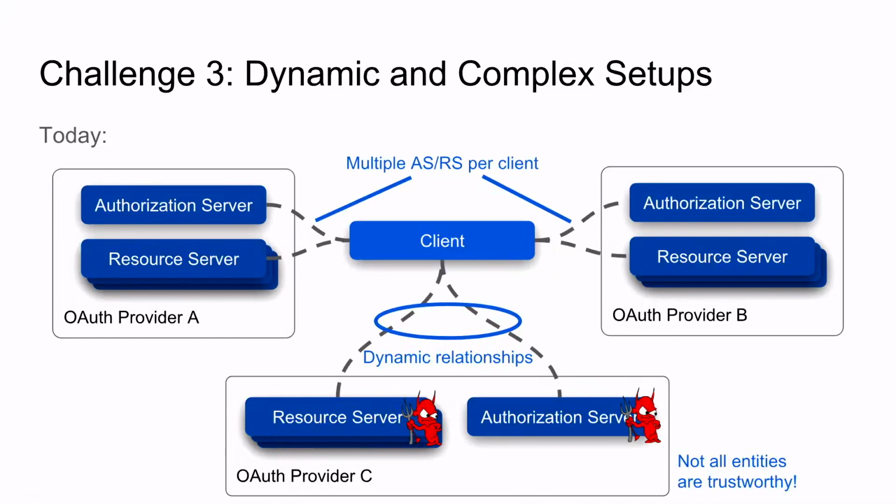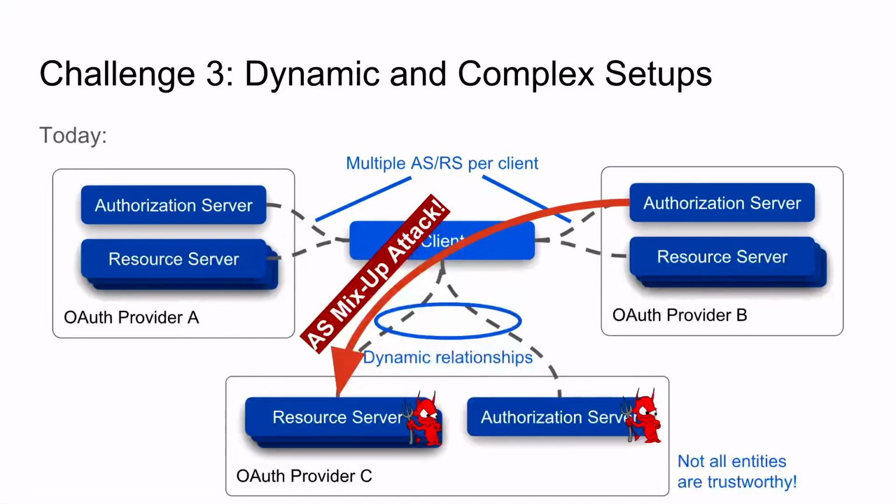So we have a completely different setup. We have dynamic setups, dynamic relationships. We have multiple authorization servers, multiple resource servers, and so on. And this is exactly where new attacks appear. One of these attacks that appeared was the authorization server mix-up attack.